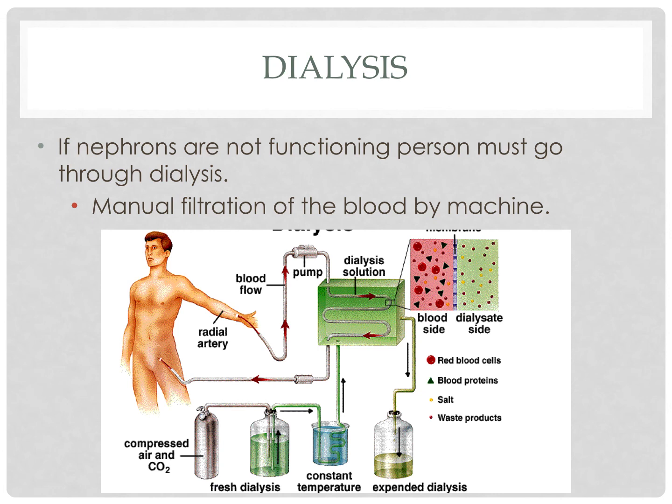And then down at the bottom, if you follow those nice little tubes, we've got expended dialysis, so what was used. We've got a constant temperature to make sure that that liquid is normal body temperature, as well as fresh dialysis material and compressed air, as well as carbon dioxide to make sure that these things are moving. So the radial artery is where we see blood removed, and then the femoral artery typically is where we see it placed back in the body once it's been filtered.